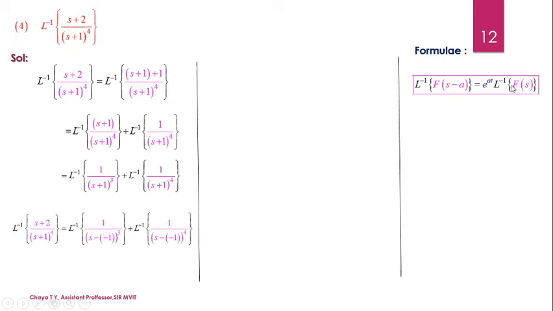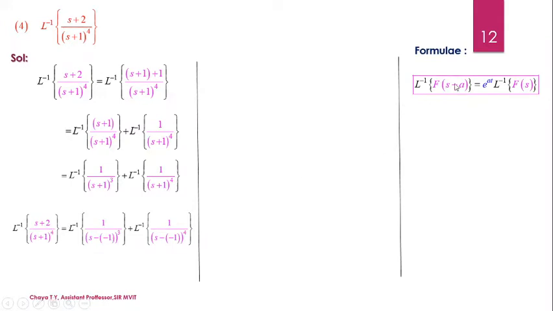As we solved many problems in the previous class, we first consider the function f of s minus a, note down the value of a in this LHS, substitute that for the exponential term in the RHS, fine. Then we get f of s, find its Laplace inverse, which will be substituted into the RHS. We are going to consider the same procedure over here. So when I observe by comparison, a takes the value minus 1.